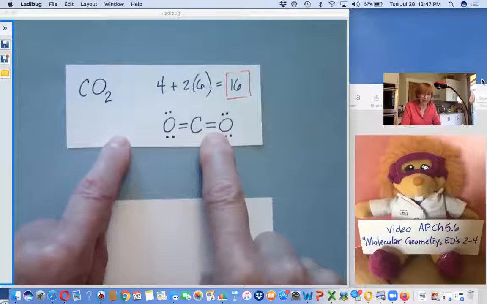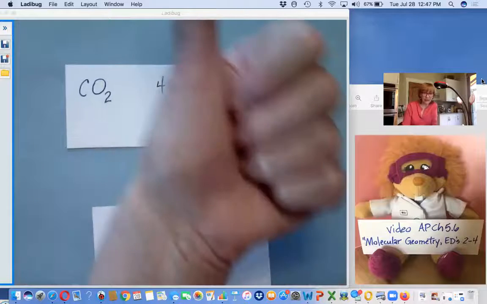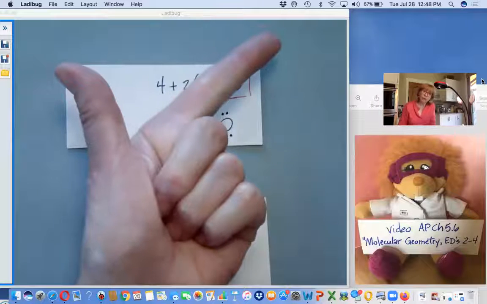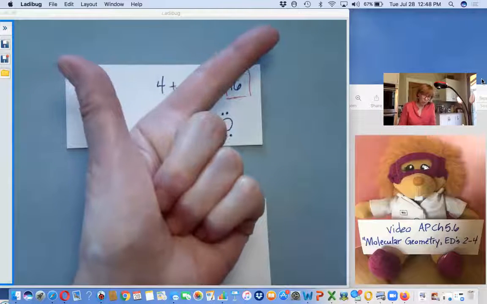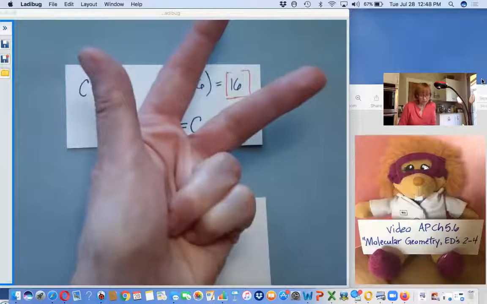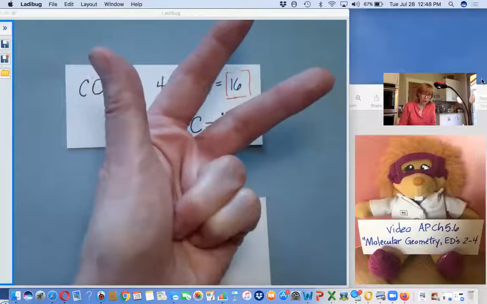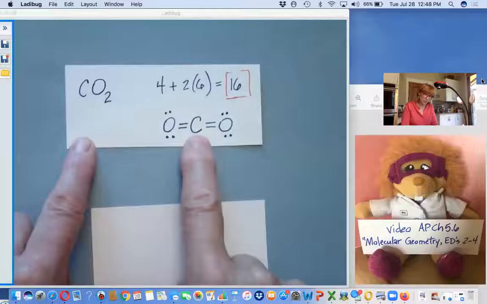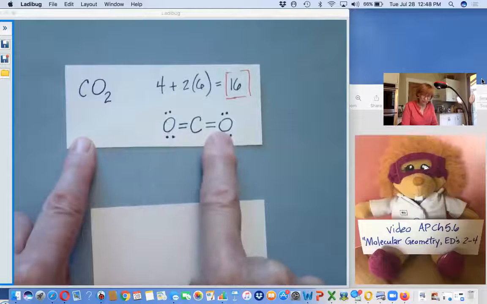Remember again, guys, an electron domain is a single bond or a non-bonding lone pair or a double bond. And for that matter, also a triple bond. A double or a triple bond counts as one domain. So the carbon has 2 domains.